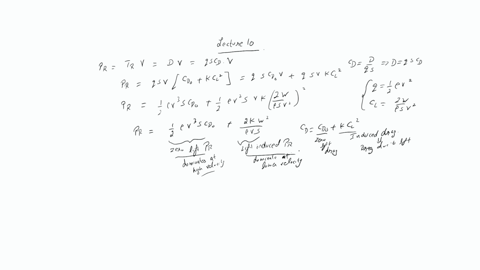Now let me draw this figure again, that is power required with velocity. Likewise, we have drawn for thrust required with velocity. This is power required with velocity. At low velocities, this lift induced power required will be maximum, so let me start the curve from here. This is for lift induced power required.